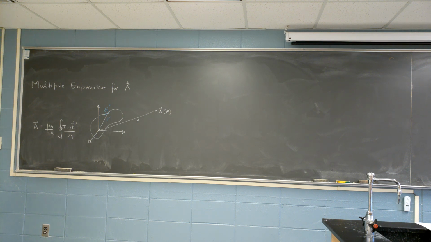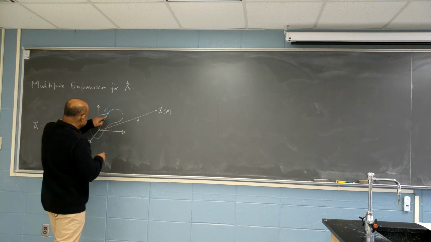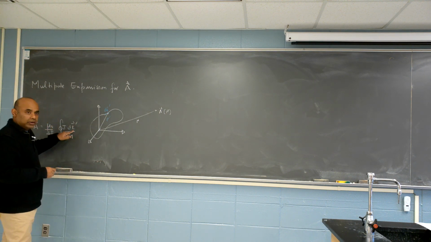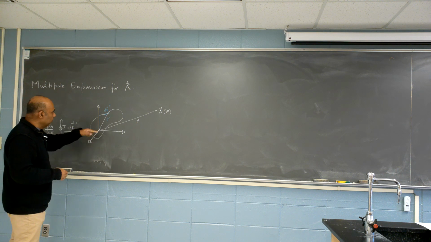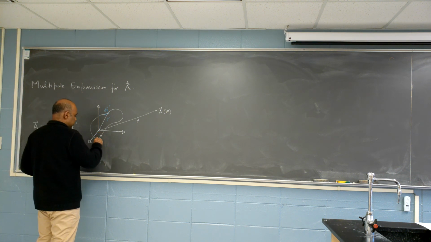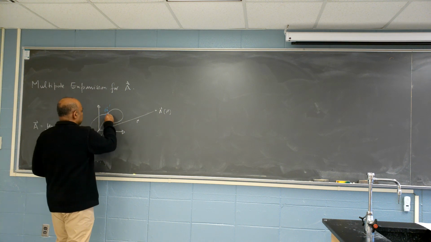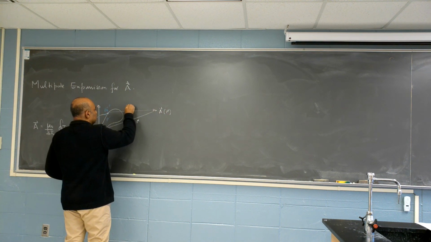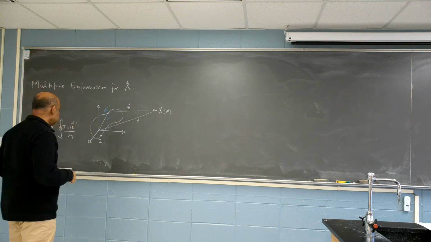This vector, and the integration is done through all the prime variables. Currents form a closed loop. And the script R, as usual, is this vector.